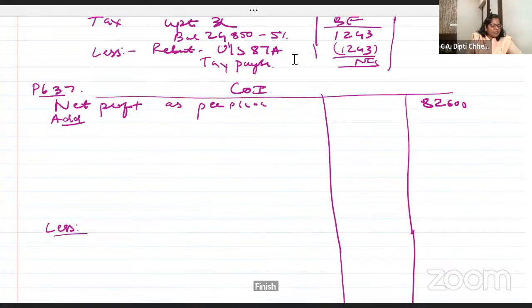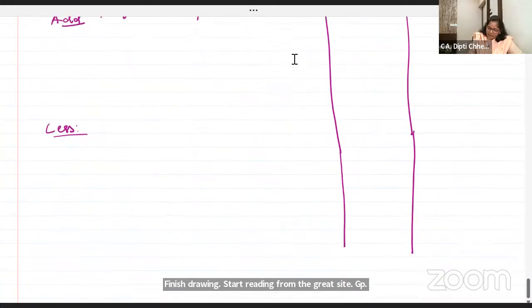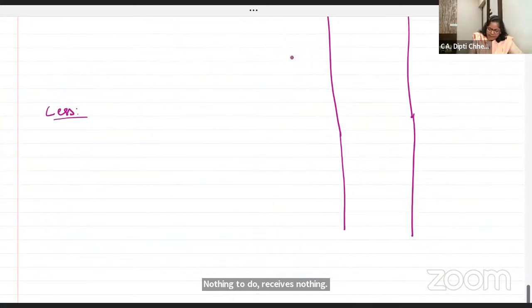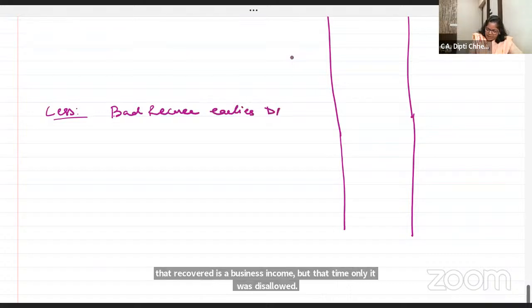GP, nothing to do. Sundry receipts, nothing. Bad debt recovered. Bad debt recovered is a business income, but that time only it was disallowed. Bad debt recovered, earlier disallowed.